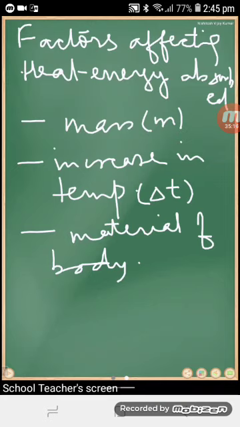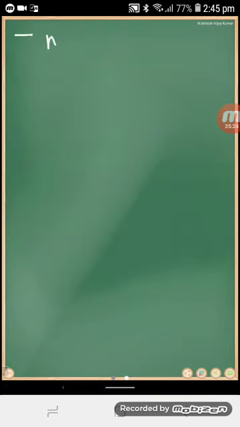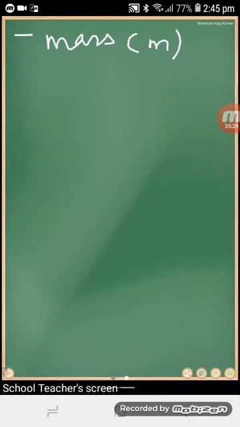Okay, the first one, mass of the body. The amount of heat energy absorbed is directly proportional to the mass of the body. Q is the amount of heat energy absorbed, directly proportional to mass.